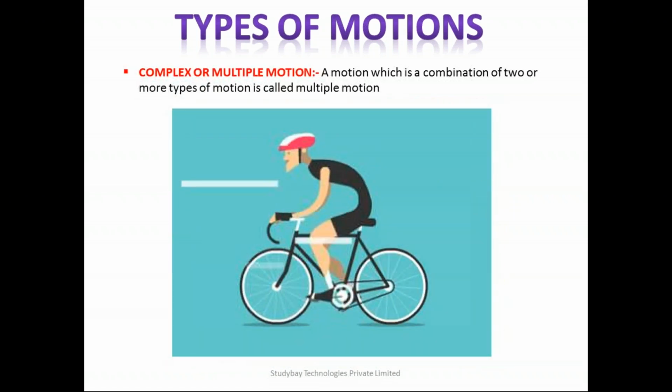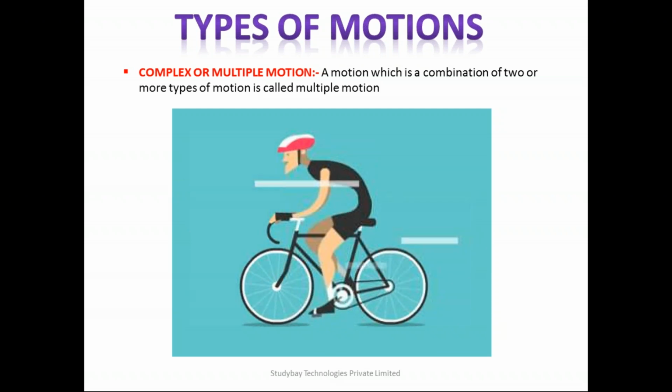Moving ahead, now we have examples of multiple or complex motion. That is a motion which is a combination of two or more different types of motion, and it is called multiple motion. You can see here that we have a bicycle, and some person is riding it.